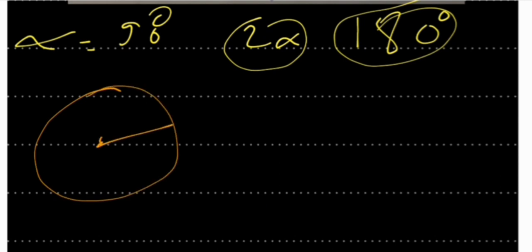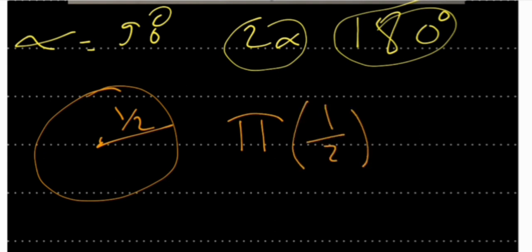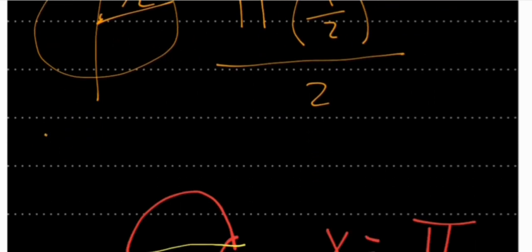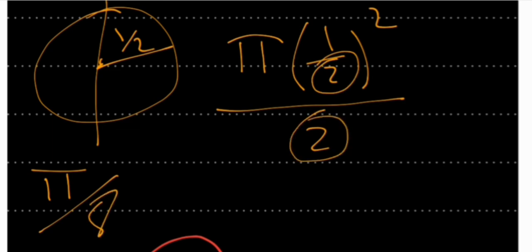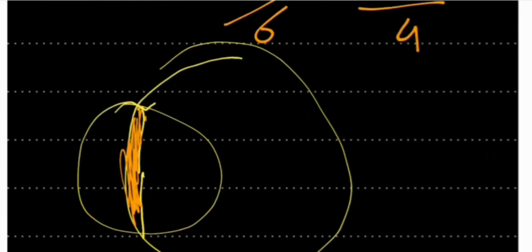We have a small circle with the radius of a half, so the whole area of it would be pi multiplied by r squared, right? But now we only want half of it, so it's going to be pi divided by, now 2 squared is 4, multiplied by 2 is 8. And this is the end of our question.